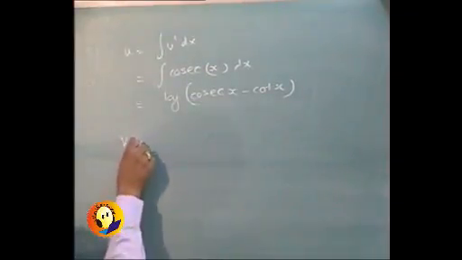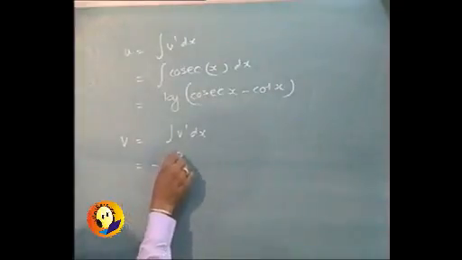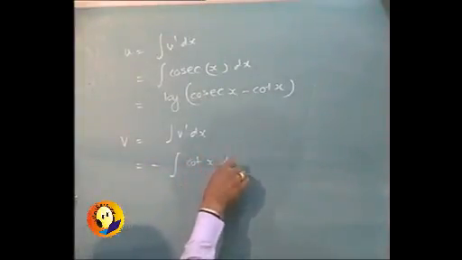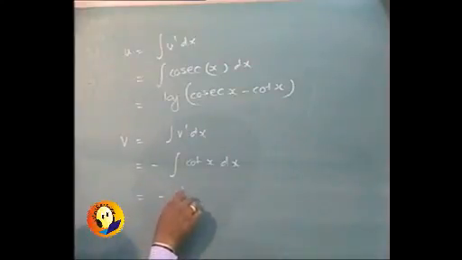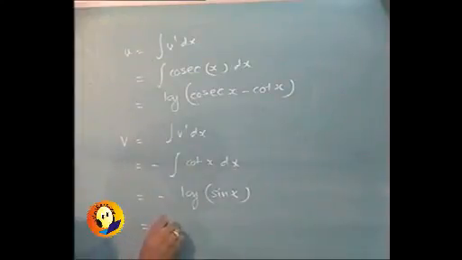V will be equal to integral v dash dx, that is minus integral cot x dx. Integration of cot is log of sin x. If minus sign is absorbed, it will be log of cosec x. And w will be integral w dash dx, which is minus x.